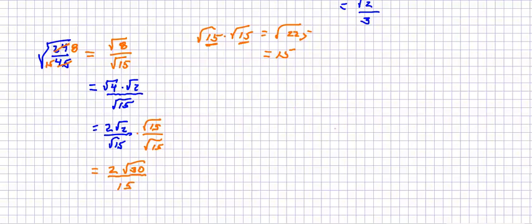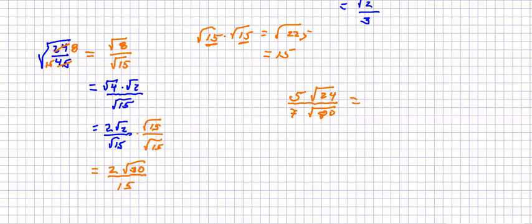5 square root of 24 over 7 square root of 80.